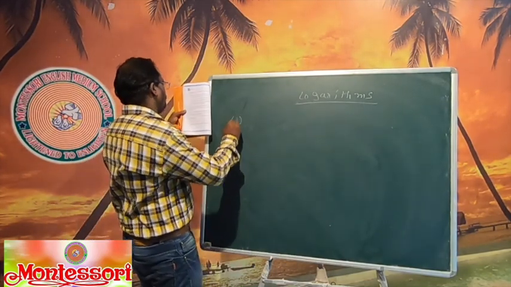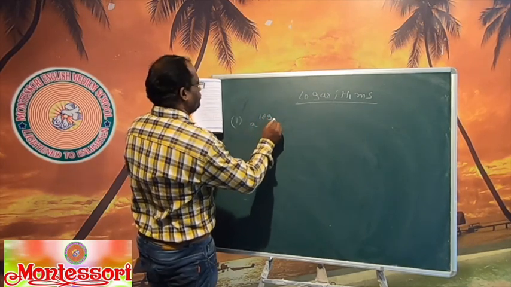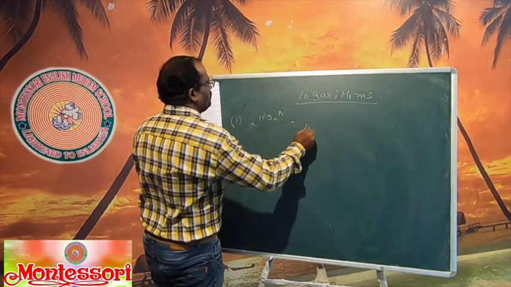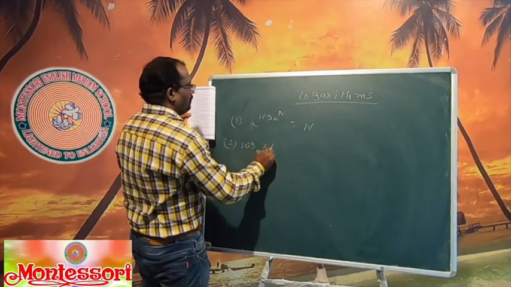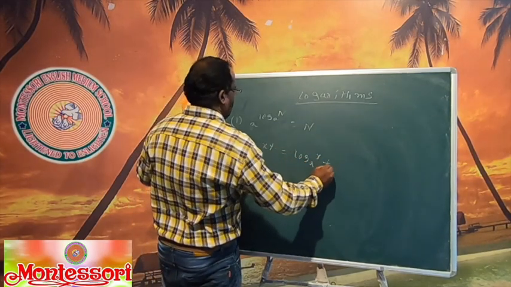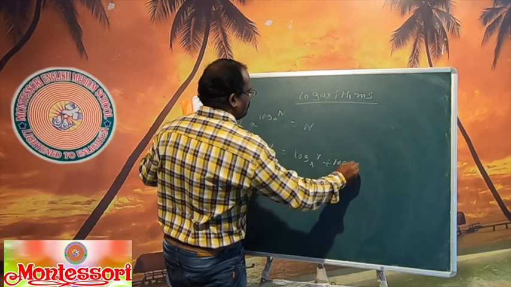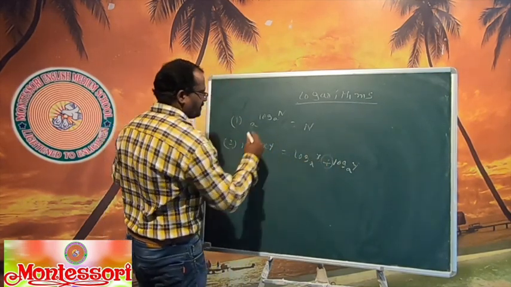First formula, log of a power n base a is equal to n. Second, log of a x power y is equal to log of a power x plus log of a power y. That means multiplication becomes plus.